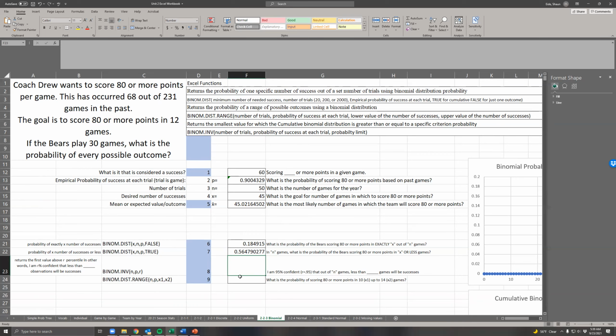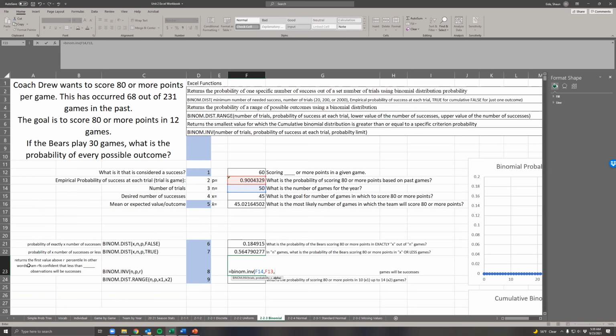Okay, so we are going to do equals binom.inv. Okay, and we're going to do n, and then we're going to do p. And then R is saying, hey, this is how confident I want to be.